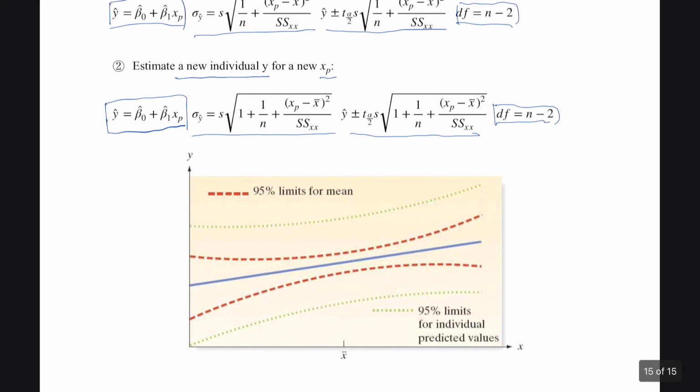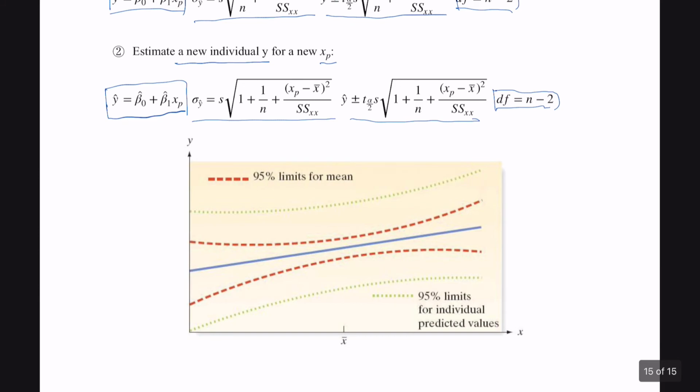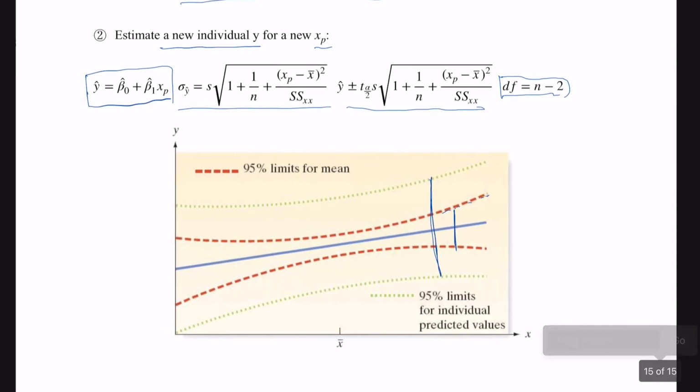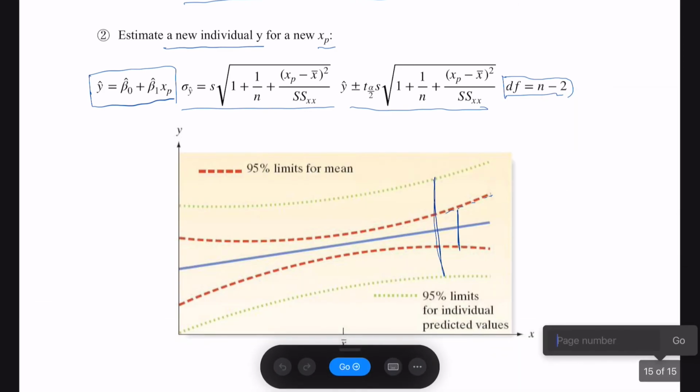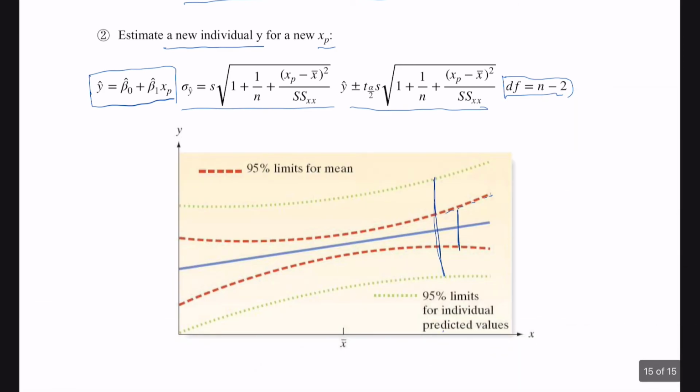And you can get a sense from this graph. The red line represents the expected value of y. And the green line represents any individual value of y. So basically, if I have an x value here, this is the point.